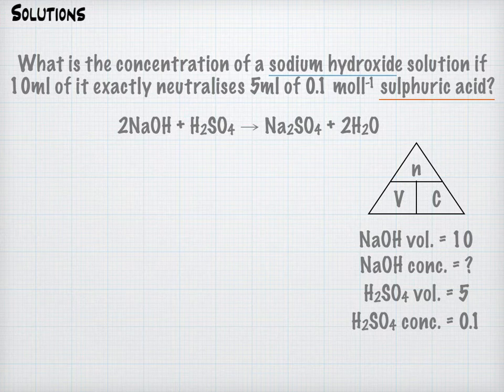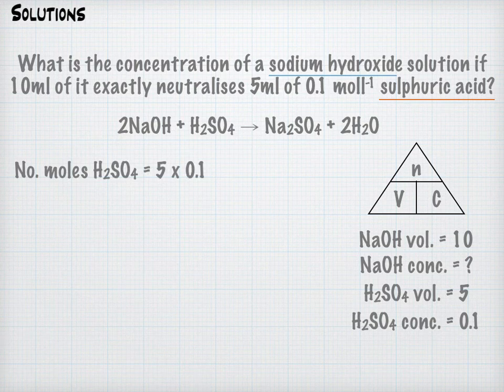Okay, so let's now work out the number of moles of sulfuric acid I've got, because that's what I'm told about. I've got the information I need to work that out. Okay, so my number of moles of sulfuric acid is 5 times 0.1. Now, you might want to shout out there, wait a minute, in the last video you insisted that the volume had to be in litres. And yes, if the final answer I want is to know the number of moles, that's what I'd have to do.